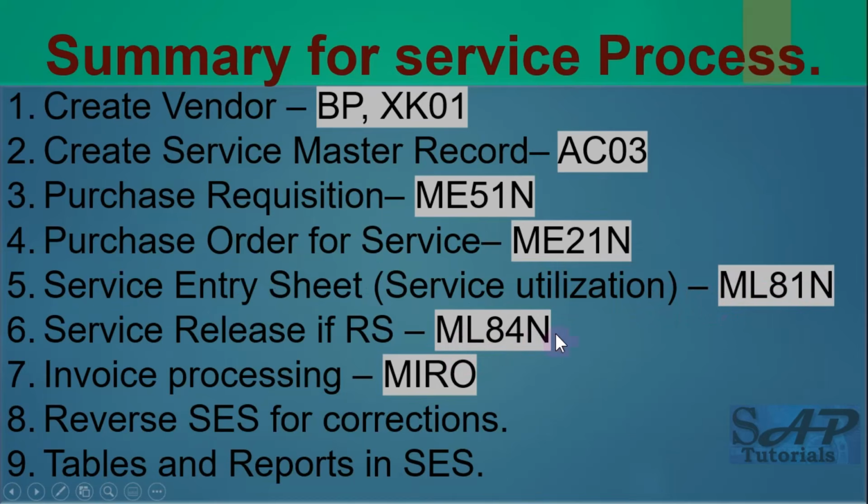Then in case your organization uses service entry sheet release strategy, you have to release it using T code ML85. Here I have put it wrong, it should be ML85. And then normal MIRO, that is invoice processing, and I have shown tables and a few reports for service entry sheet.